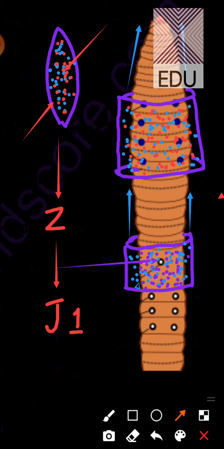After fertilization, many zygotes are formed, but only one zygote will develop into one juvenile, which will develop into one adult earthworm. So students, that was the fertilization and development of the earthworm.